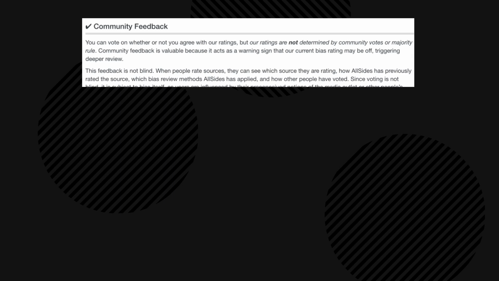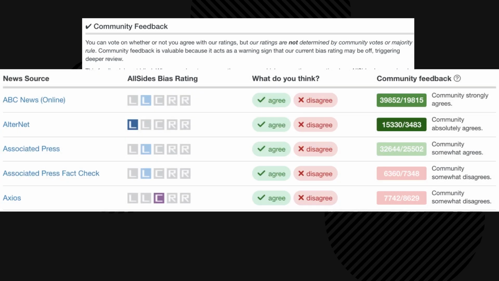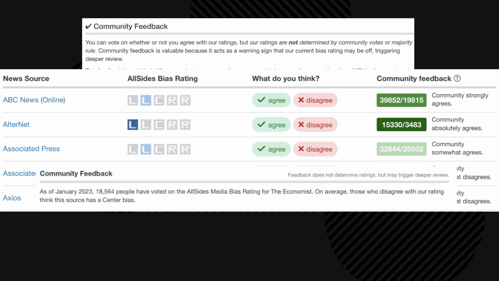And this is where any visitor to the AllSides website is allowed to disagree or agree with the political bias rating that's been assigned. And if a user disagrees with the rating on the website, they can state their own perception of the news website's bias, which is then included in that political bias profile on the website.